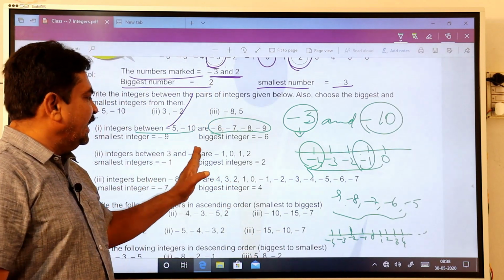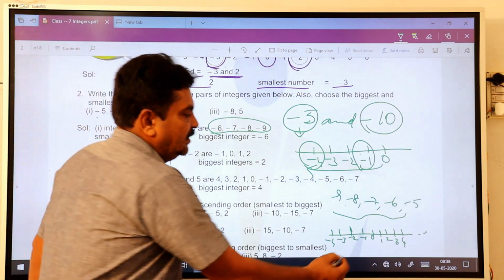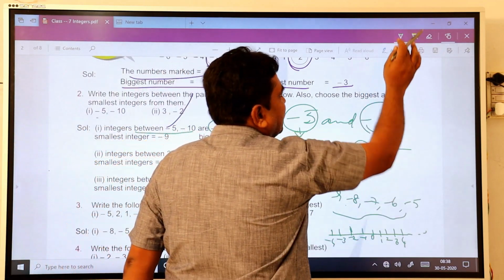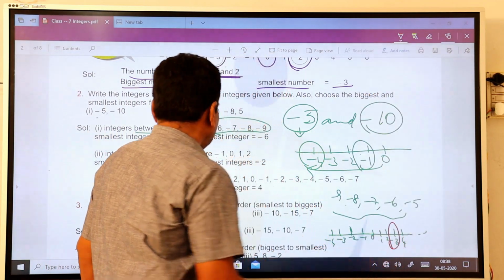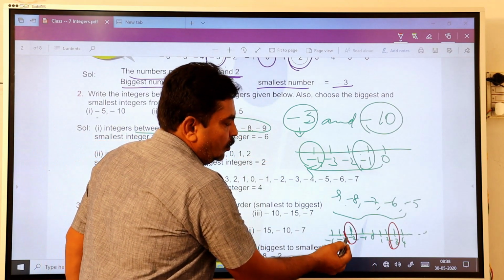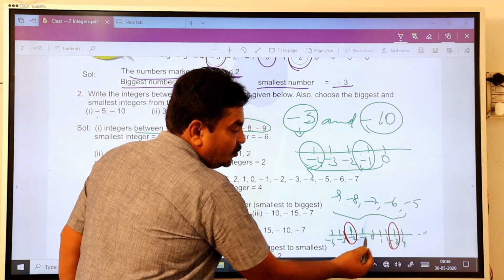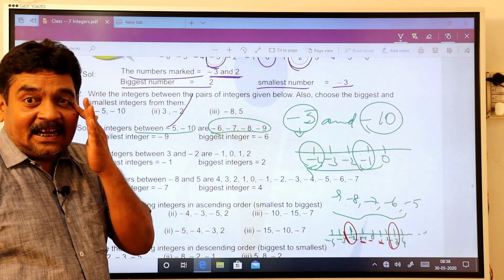Integers between 3 and minus 2. This is 3, and minus 2 is here. So the numbers between these two are minus 1, 0 and 1. Only 3 digits are there.